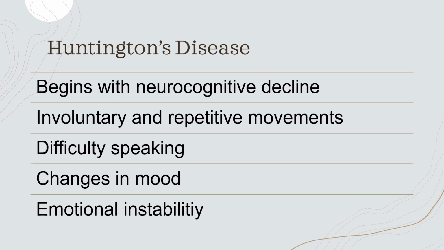With Parkinson's there's rigidity and tremors, but with Huntington's it's more these repetitive, involuntary movements. They often develop difficulty speaking, which comes partially from the cognitive aspect of language, but also from the motor ability to produce speech by moving their jaw and their tongue correctly. And they also often tend to have changes in their mood and their emotions.